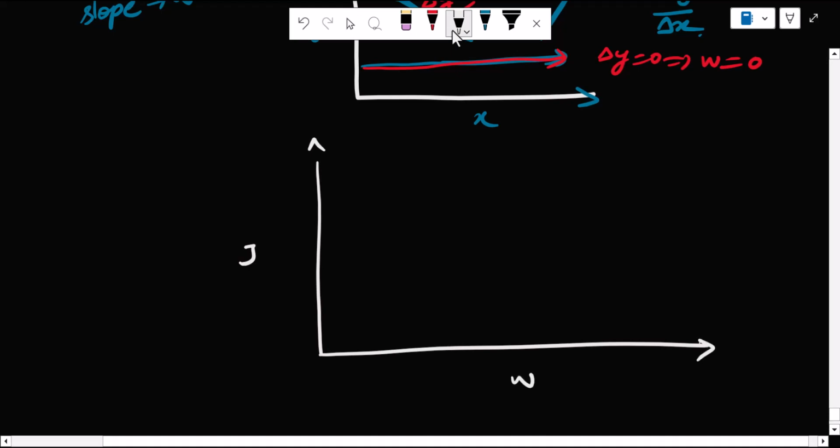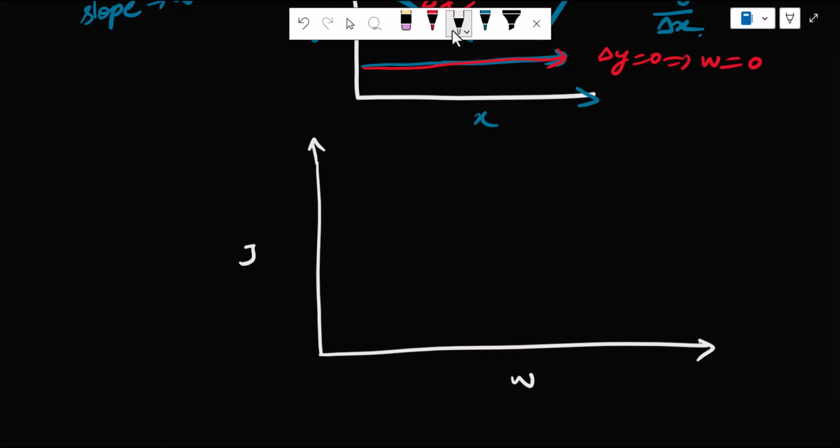w is the slope, or the weight associated with a feature, and we are deciding the best value of w to come up with the minimum value of the cost function, to get our best linear relationship.